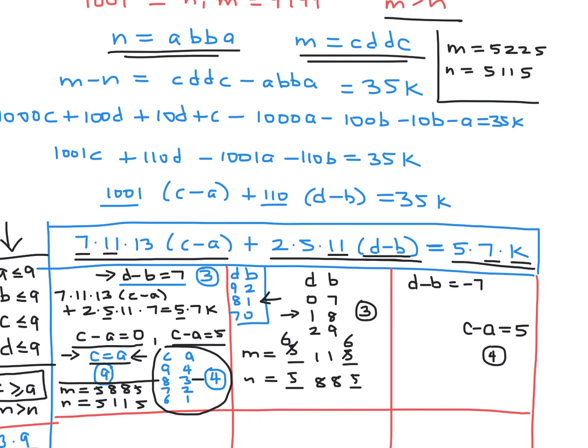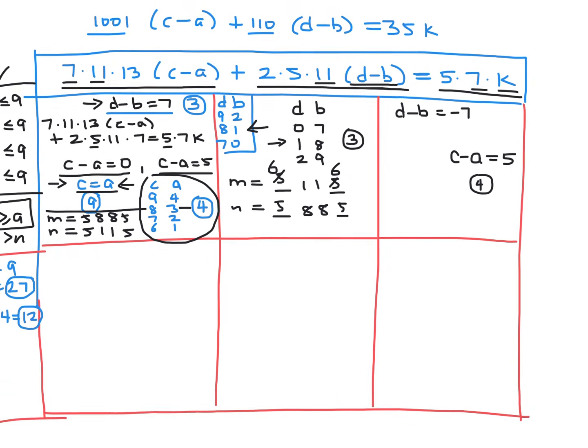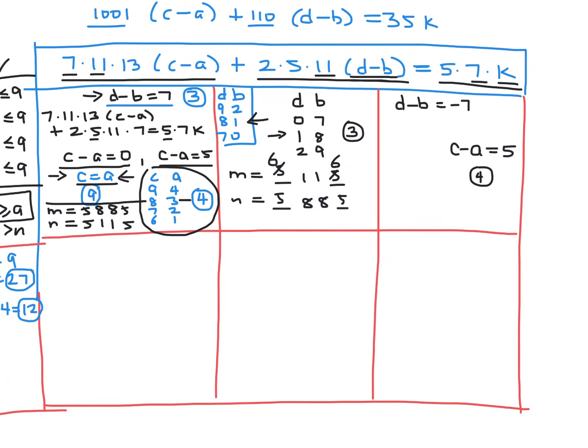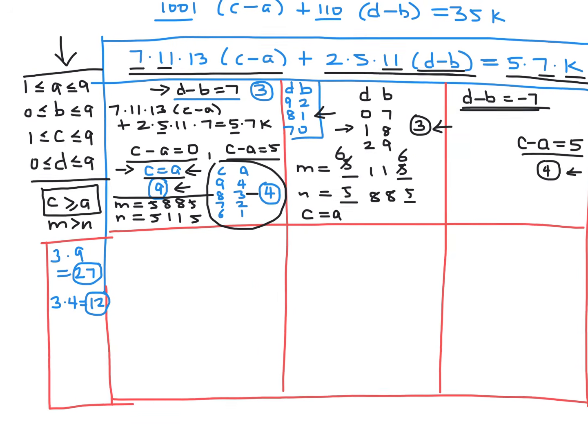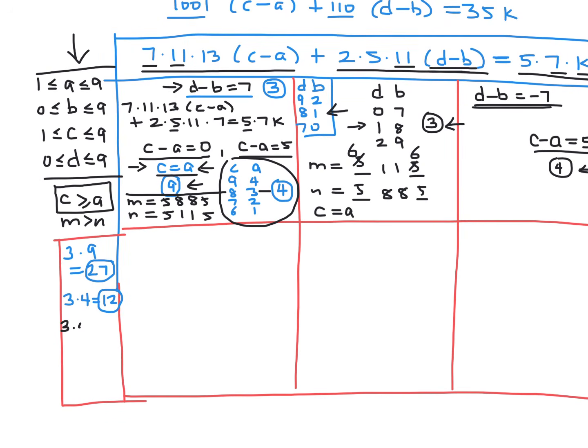Yeah, therefore that upholds, that makes this true, that m is greater than n. So you've got to be very careful here. In this scenario, where D minus B is minus 7, that's fine, but you cannot get a scenario where C is equal to A. So these 9 will not count. So the only thing you can do is this 3 for the D minus B, and this 4 for the C minus A is 5. So that gives me another 3 times 4, which is 12.